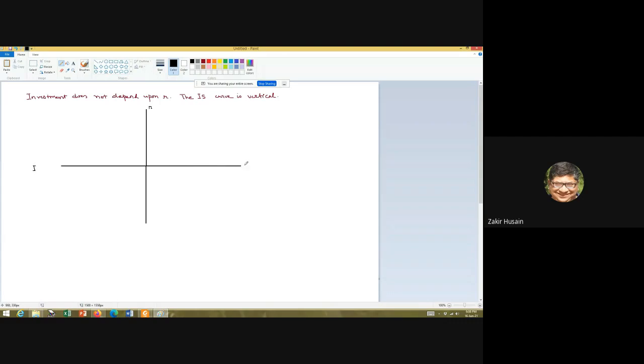This is I, this is Y. Let's ignore the government sector. Okay, so this will be the IS curve. Sorry, this will be the investment curve. Whatever the rate of interest, investment is always constant. So investment is autonomous, just like the simple Keynesian case.